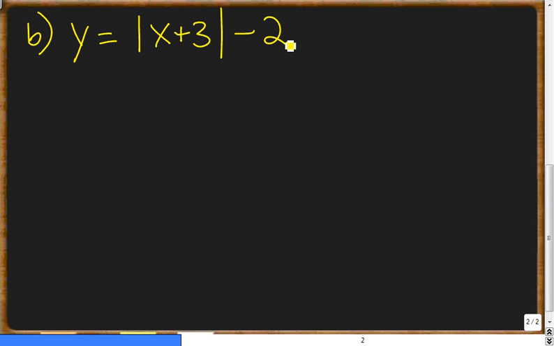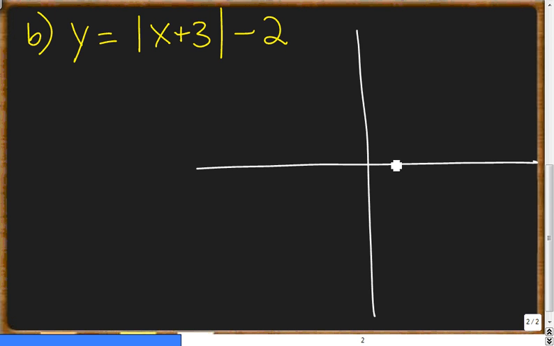Now B was y equals the absolute value of x plus 3 minus 2. Okay, so if we look at this graph, now with this graph, the absolute value part, like from our previous problem, looked like this.